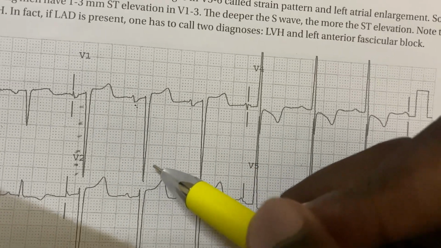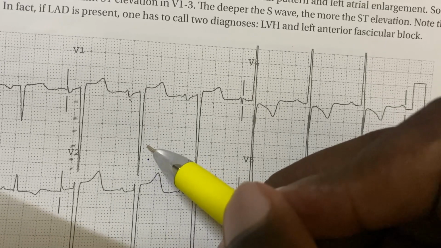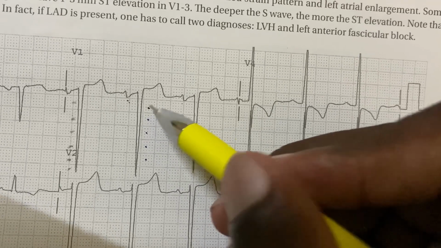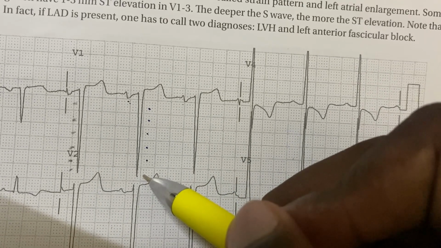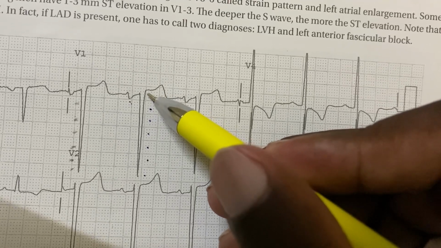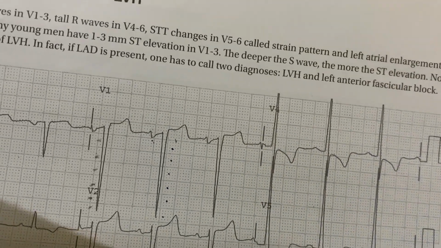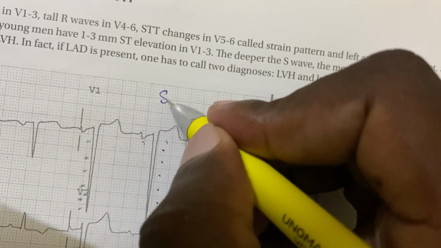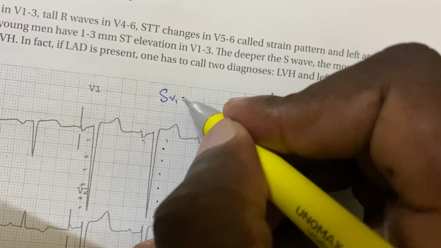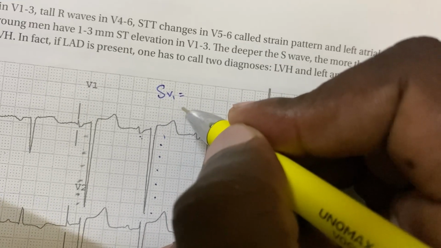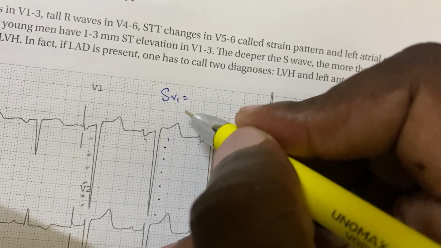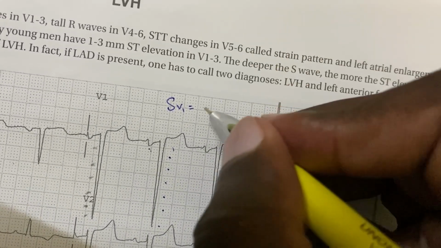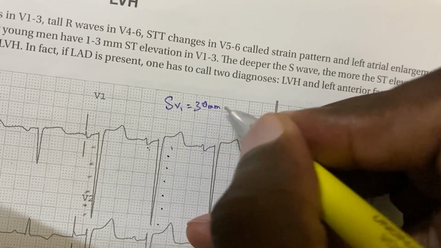If we take 5 small boxes, one big box, 2 big boxes, 3, 4, 5 big boxes, here there are 3, and then plus 2, so 6 big boxes. So S in V1 is 6 big boxes, 6 times 5 millimeters, that is 30 millimeters.